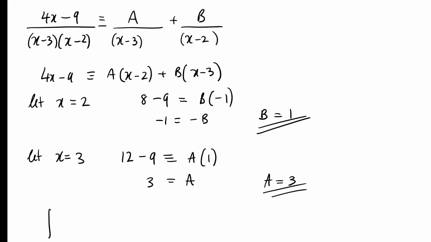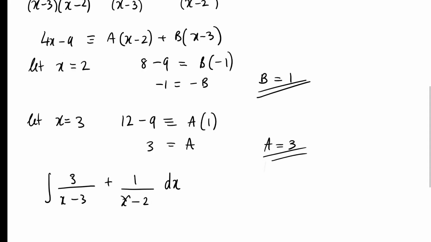So we can rewrite the integrand as 3 over x minus 3 plus 1 over x minus 2 dx.